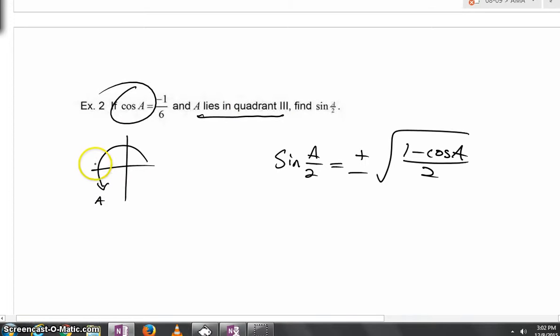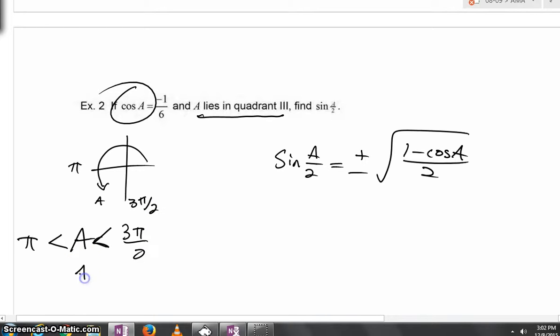Third quadrant's over here. That means angle A is between what quadrantal boundaries? It's bigger than pi. And it's smaller than 3 pi over 2. So you got to look at those x and y axes to figure that out.